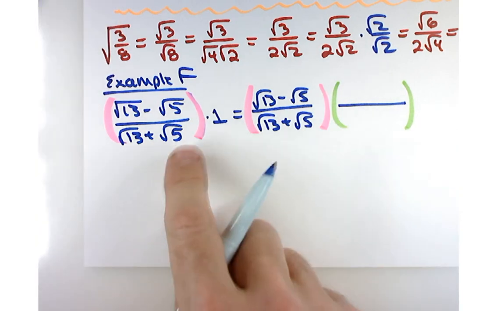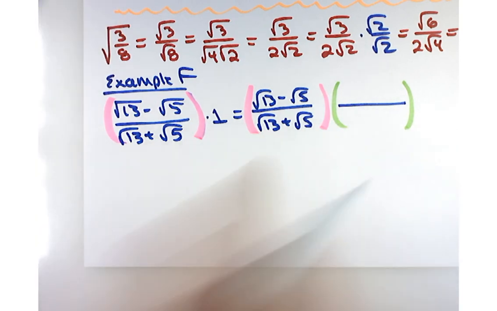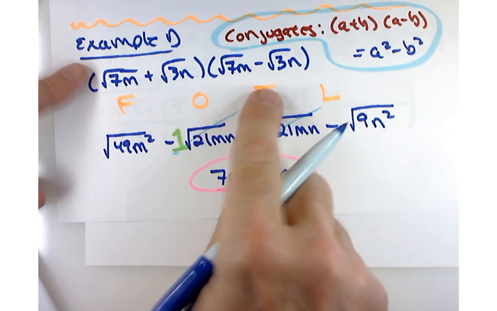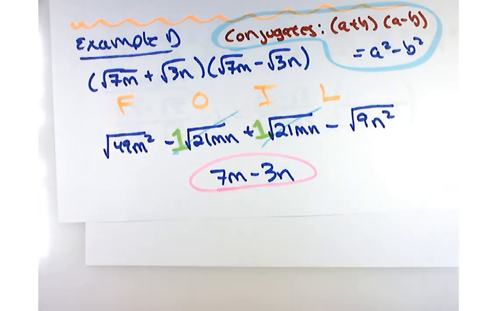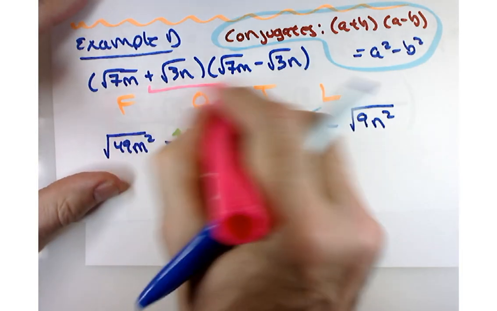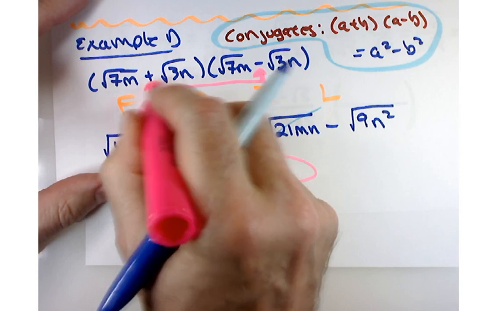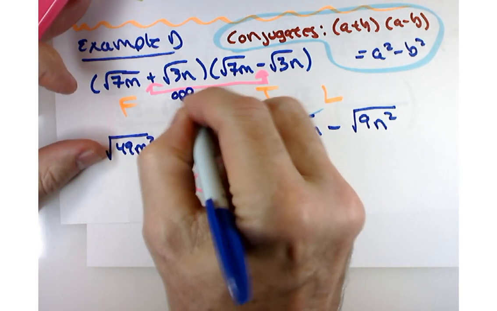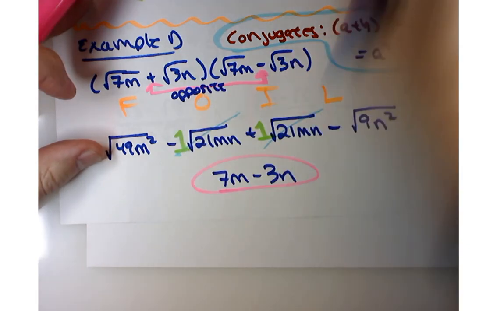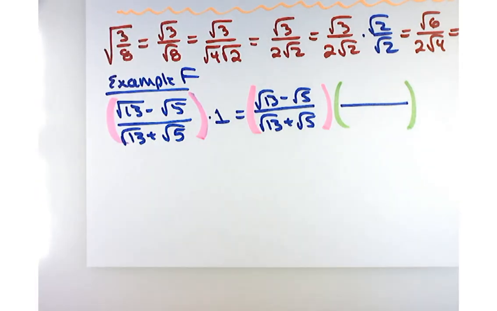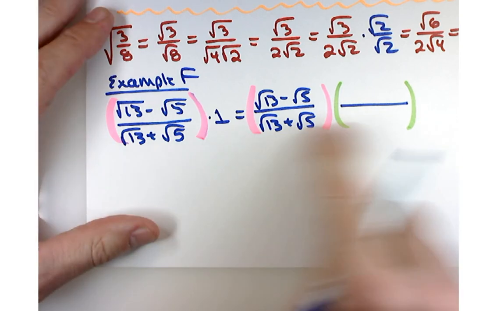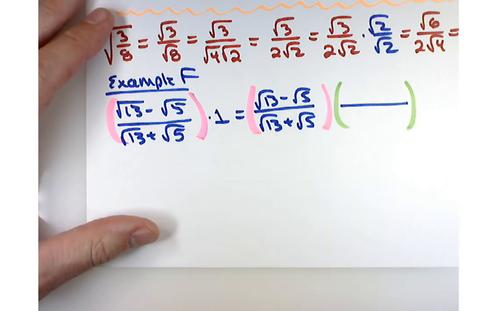So the big thing that helped us out in example D was that these things had opposite signs. Those had to be opposite. So could you FOIL? Well, we will FOIL, but what I'm trying to get you to understand is what term to put here.